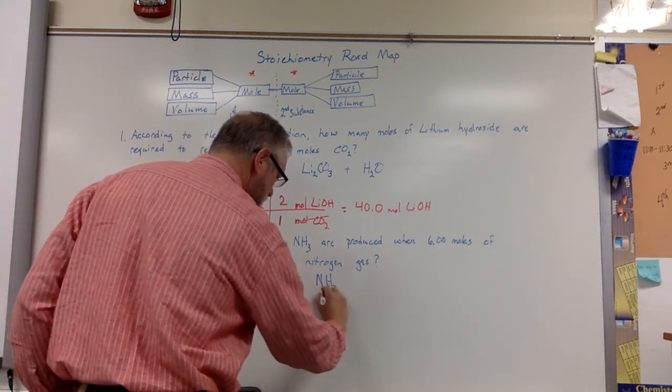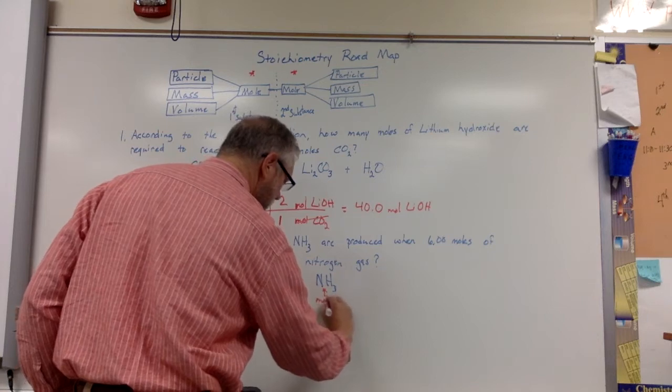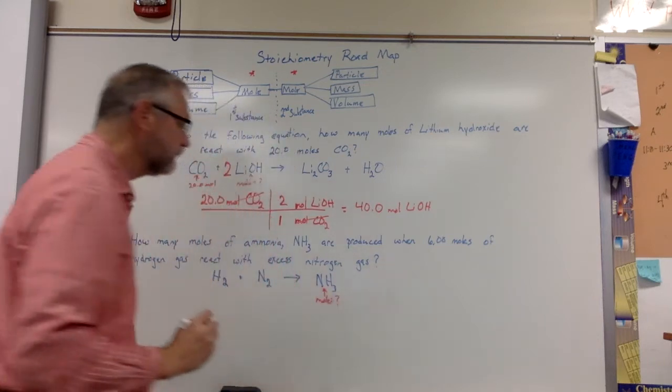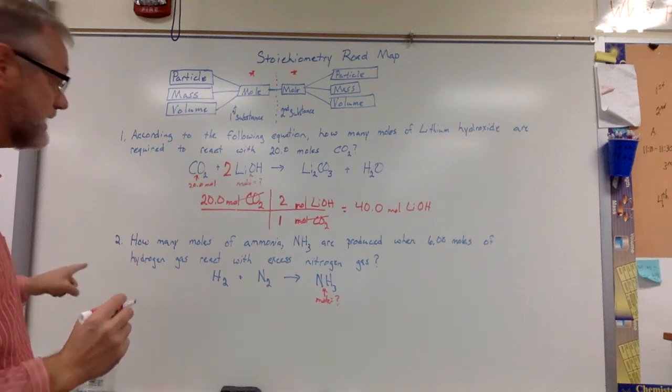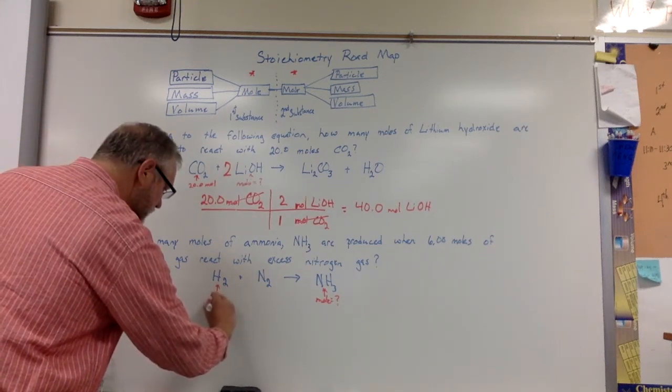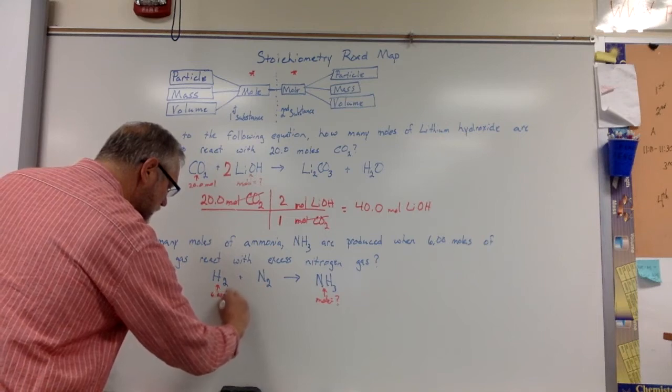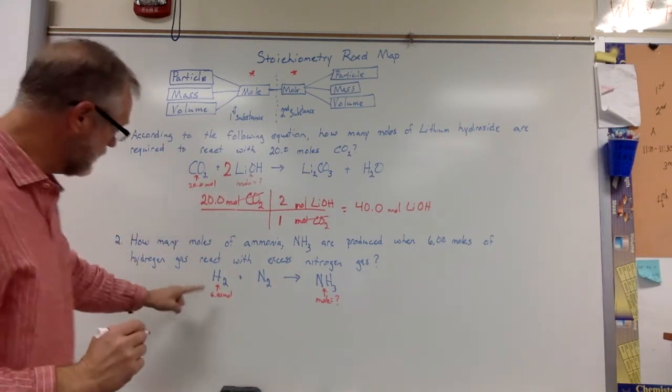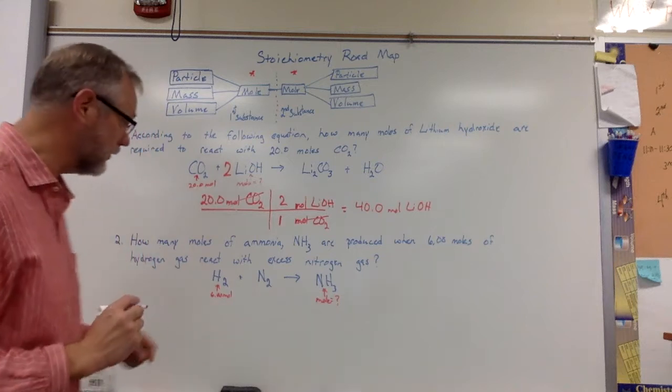So I'm just going to put moles NH3 equals a question mark, produced when you start with 6.00 moles of hydrogen gas. So I wrote down what I was given and what I'm looking for.